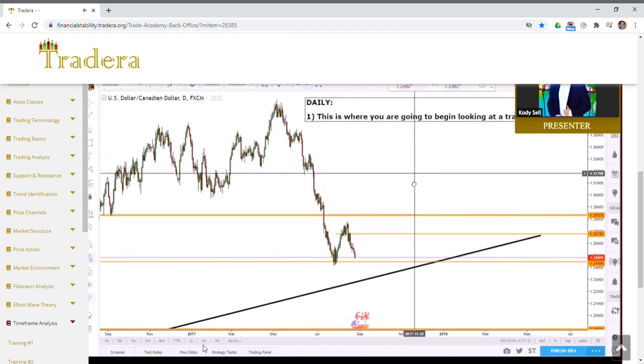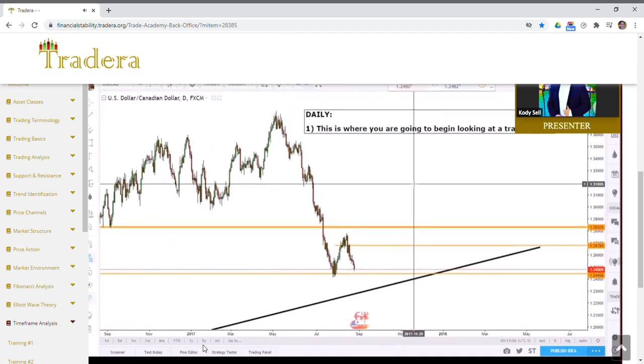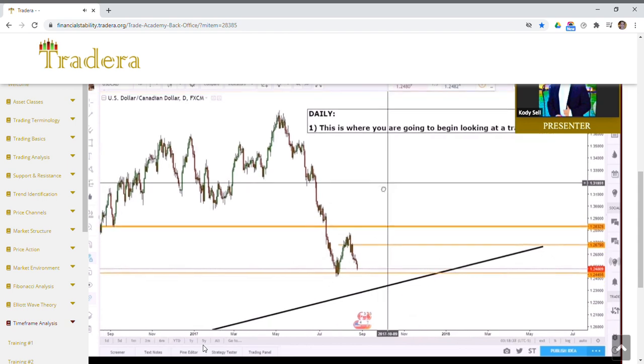Obviously we've been doing a trading plan since the monthly, right? But this is where you're really going to start to shape this plan up and look for entries that we can go down to the lower time frame and nail in on. So that's the first thing on the daily, and we're going to do that in just a minute.